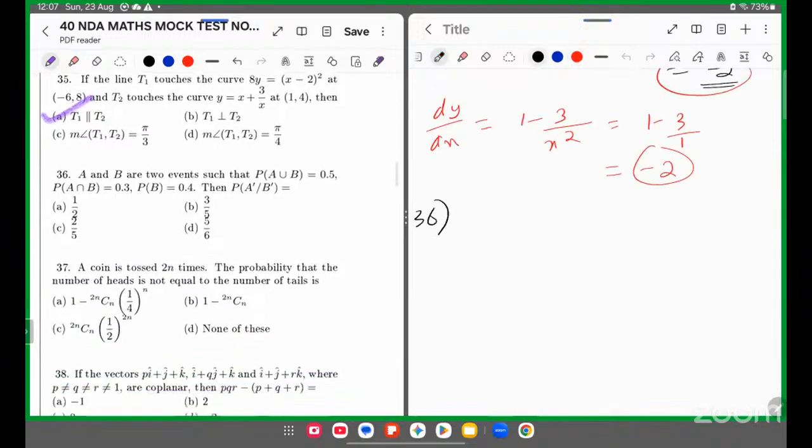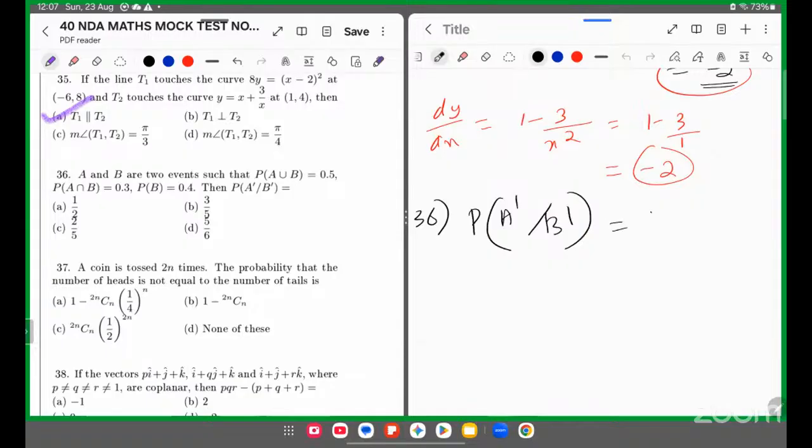Question 36. A and B are two events such that P of A union B equal to 0.5, P of A intersection B equal to 0.3, P of B equal to 0.4, then P of A complement given B complement.